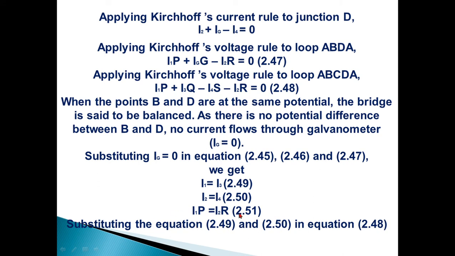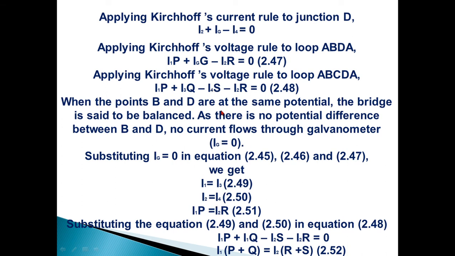Substituting these values into equation 2.48, we get I1P plus I1Q minus I2S minus I2R is equal to 0, because I3 can be written as I1 and I4 can be replaced as I2.